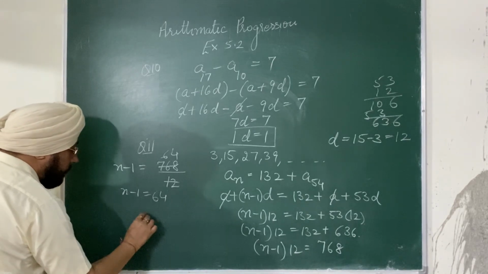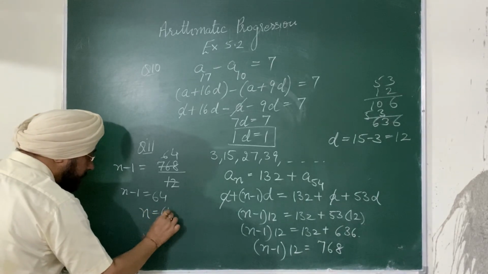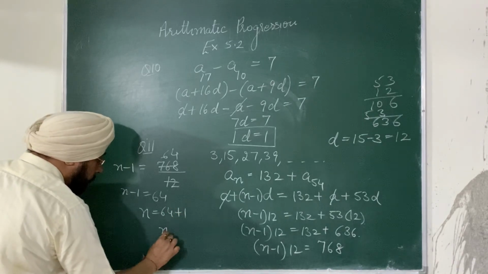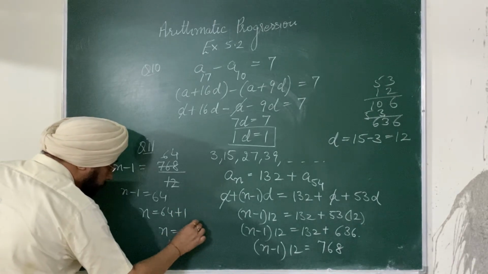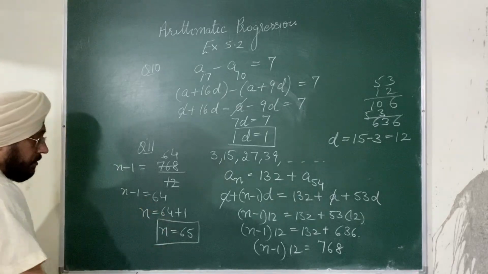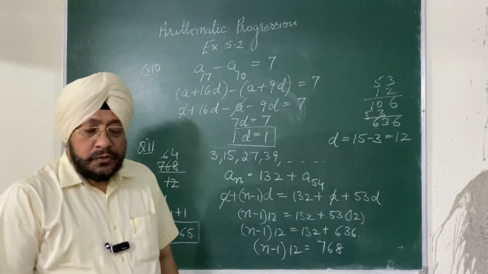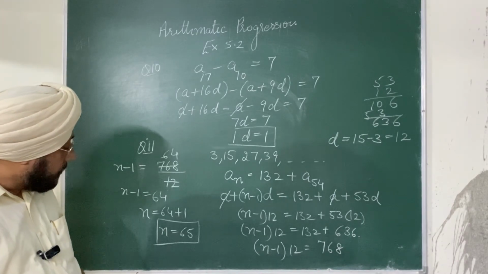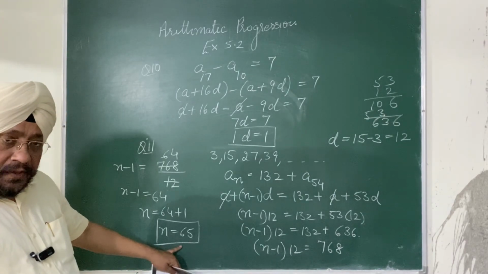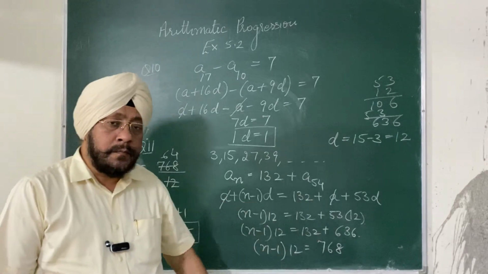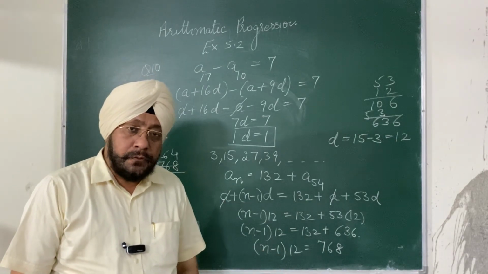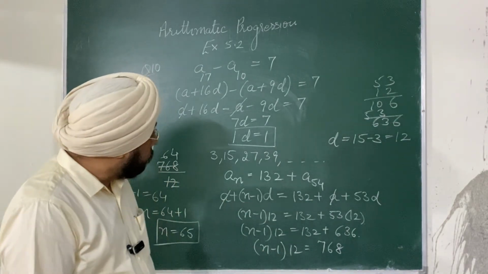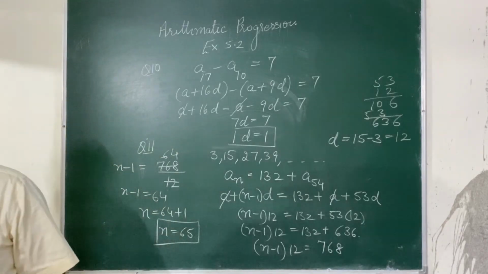Bringing minus 1 to the other side, we get n equals 64 plus 1, that is 65. So for question number 11, the 65th term is 132 more than its 54th term. Let's go to question number 12.